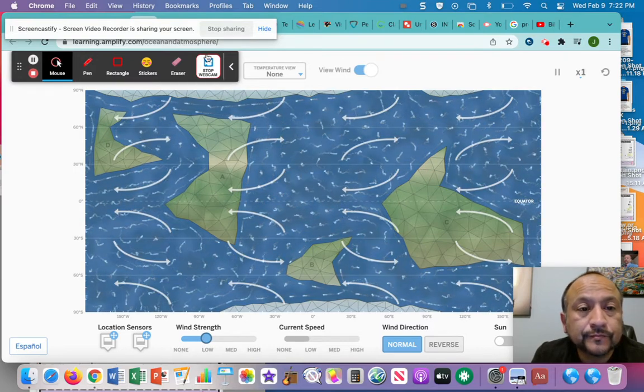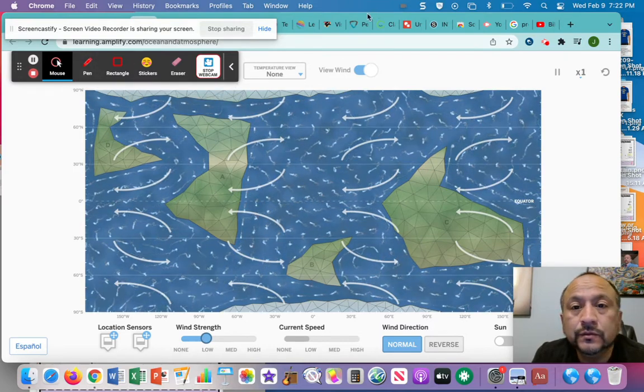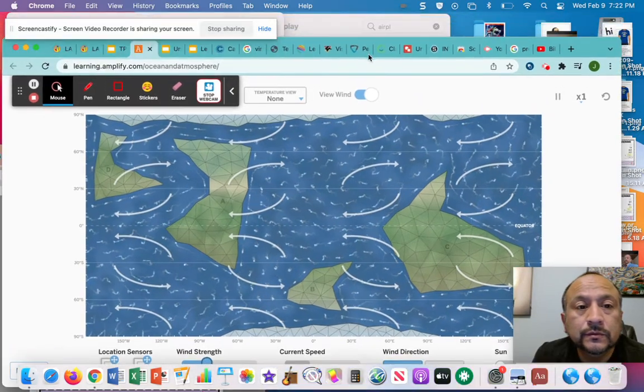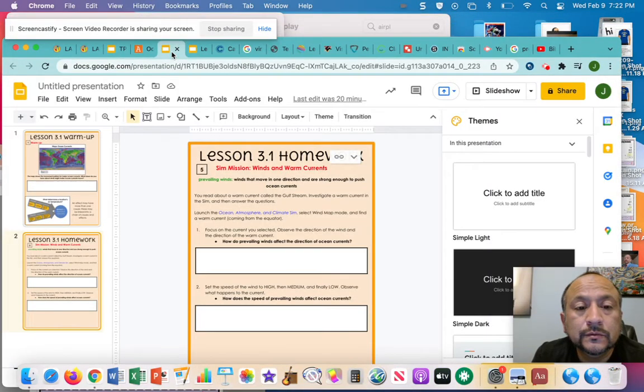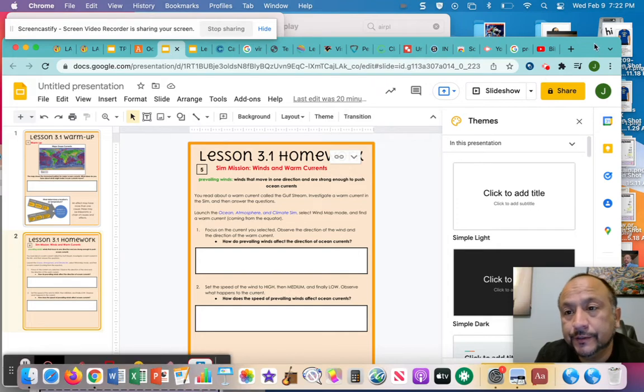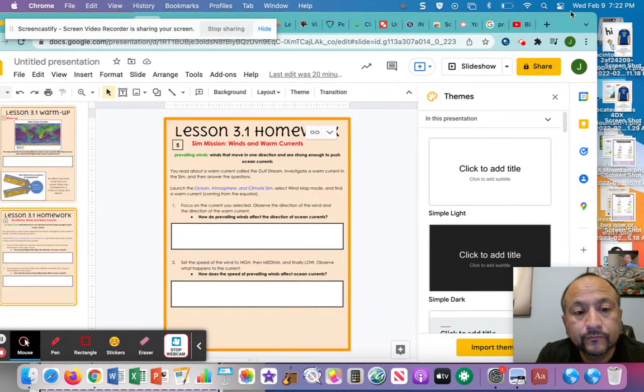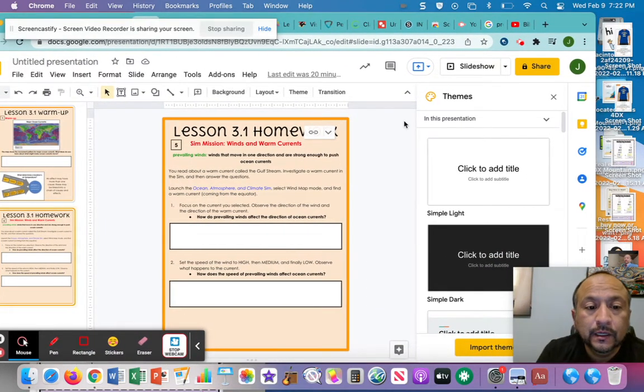So let's go back to the question here. And it says, launch the ocean, atmosphere, and climate sim. So we did that. Focus on the current you selected.